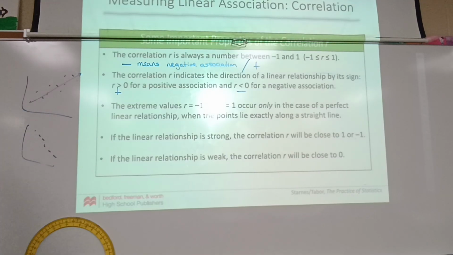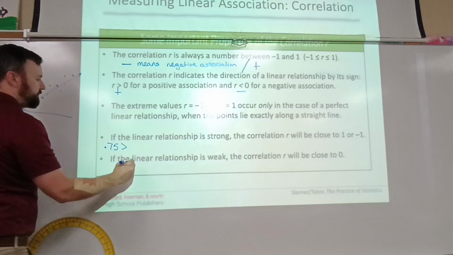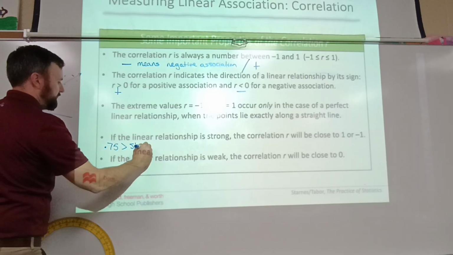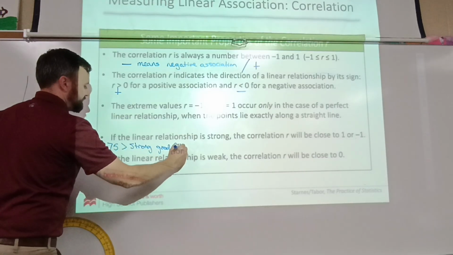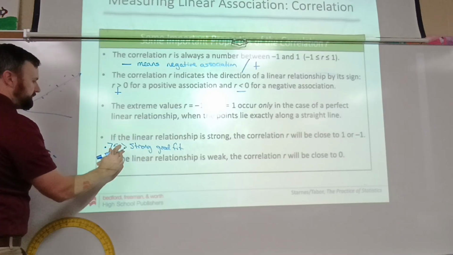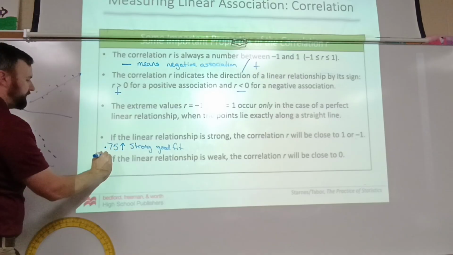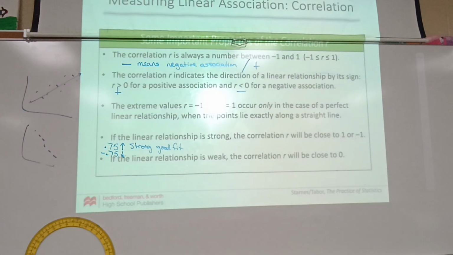So for this class, you do need to write down this. 0.75 and above is going to be a strong, good fit. I'll do this, 0.75 and up, and then negative 0.75 and down, right? Because again, the closer you are to 1.